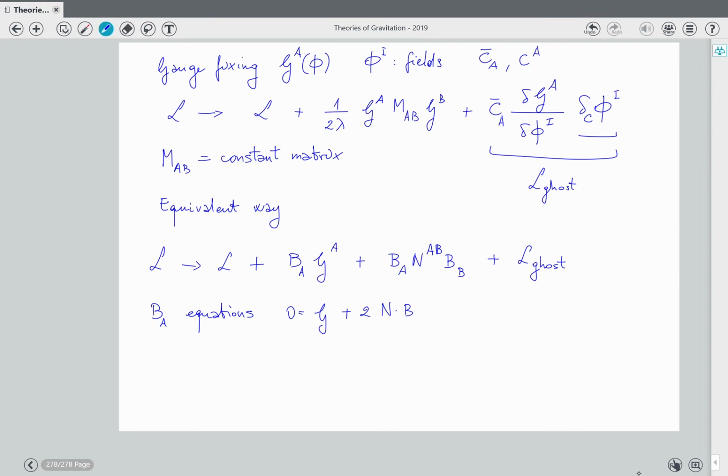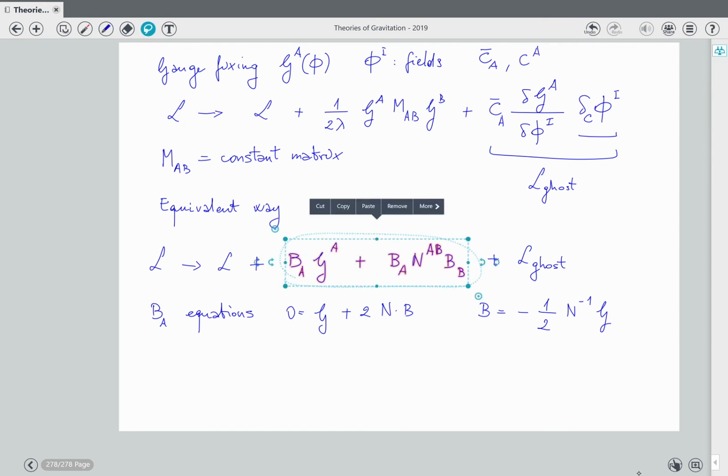So that means that B is equal to minus 1/2 n to the minus 1 G. And that means that this thing here goes into what?